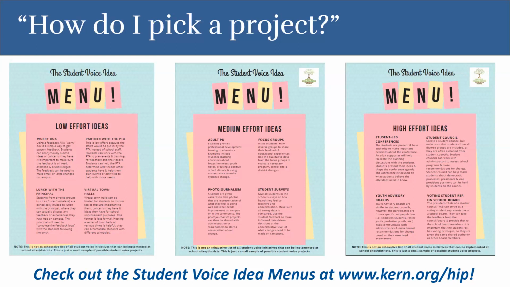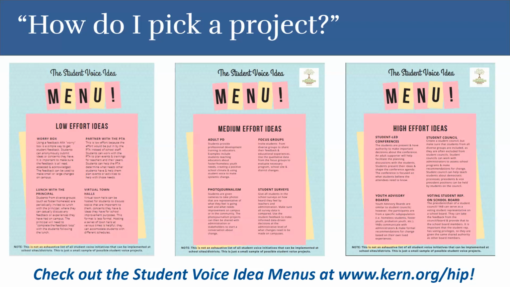So lucky for you, on the www.kern.org/HIP website, there are 3 student voice idea menus. They're broken down between what takes low effort, medium effort, and high effort by different LEAs. Every LEA and/or school site should be able to at least implement one low effort idea, even if you are lacking resources.